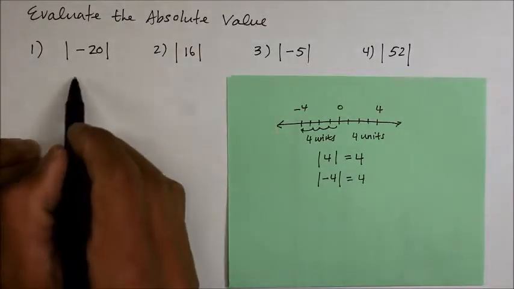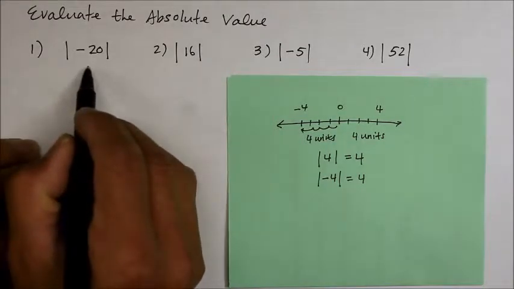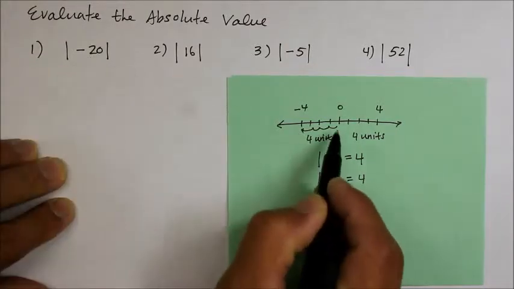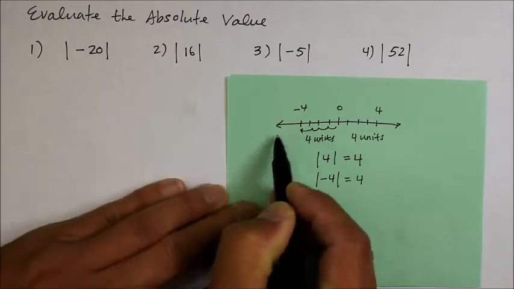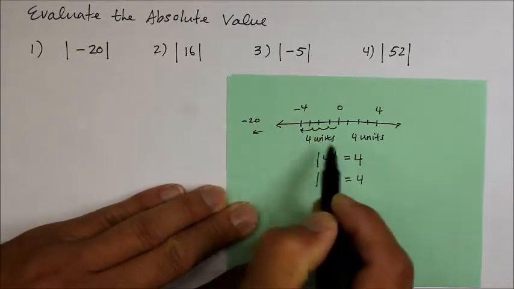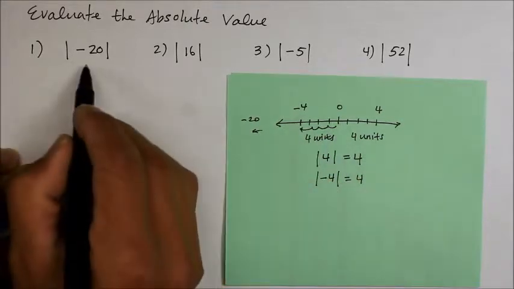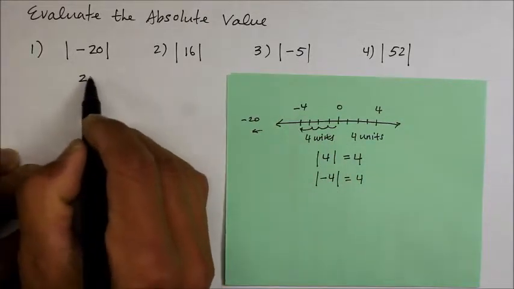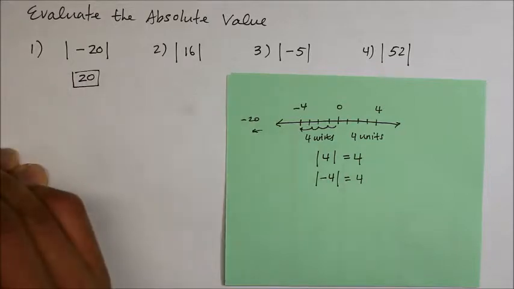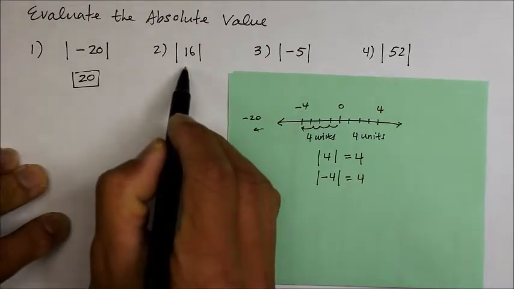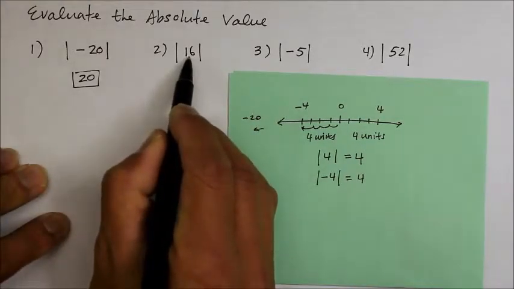All right, so if you said, well, I could see right away that from the 0, the origin, if you had to go to negative 20, all the way to the left side, then you'll be 20 units away from the 0. So the absolute value of negative 20 is, in fact, just 20. And you'll be right. Now it's getting quite obvious. If you asked, how many units is 16 away from the 0?